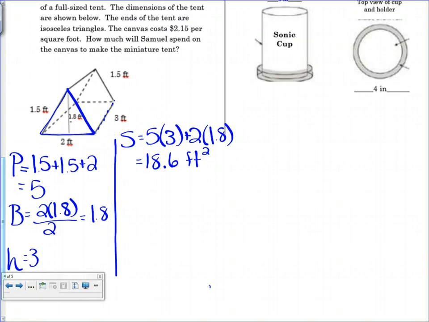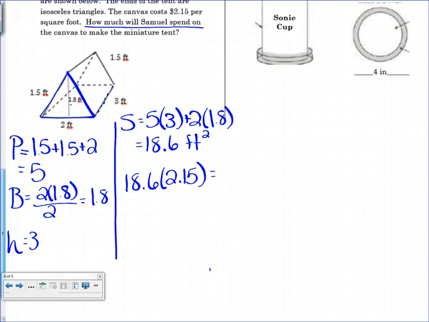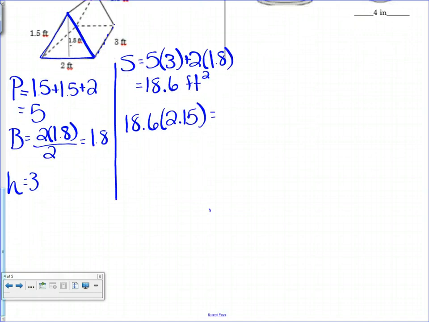But if I go back and reread the question, it says, how much will he spend? So I need to take my surface area and multiply it by how much the canvas costs, which is $2.15. So my final answer would be $39.99. That's how much you would spend to build this tent.